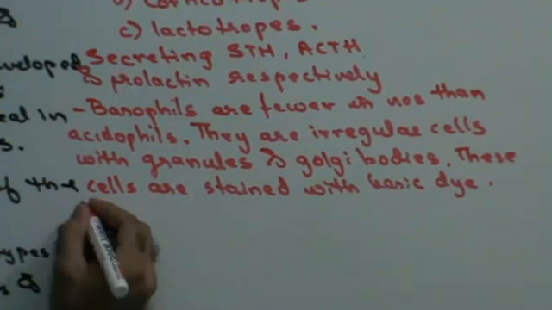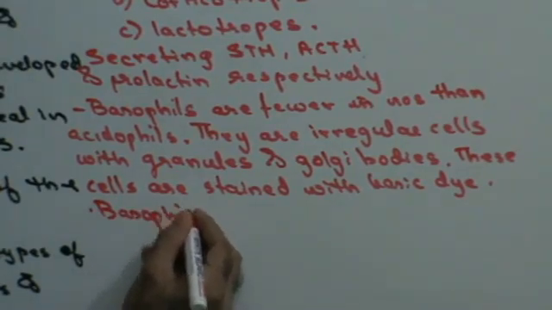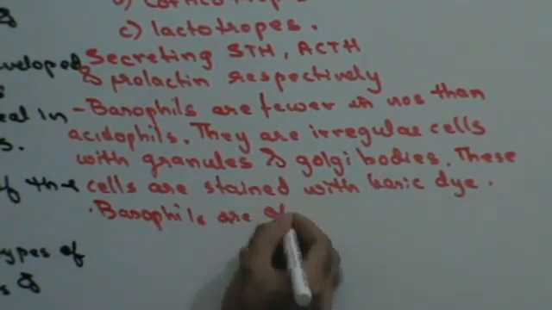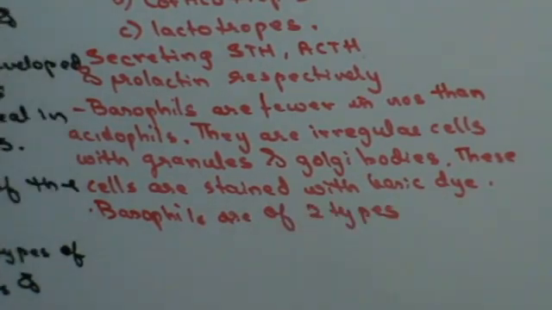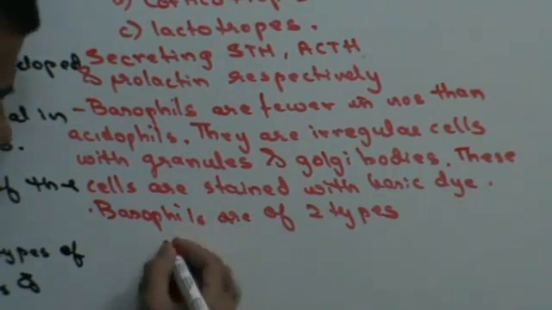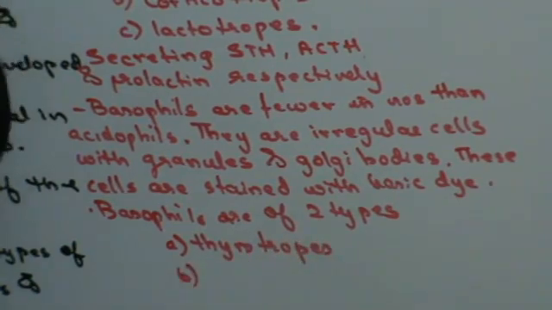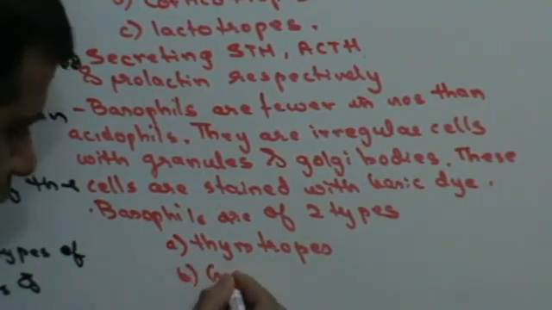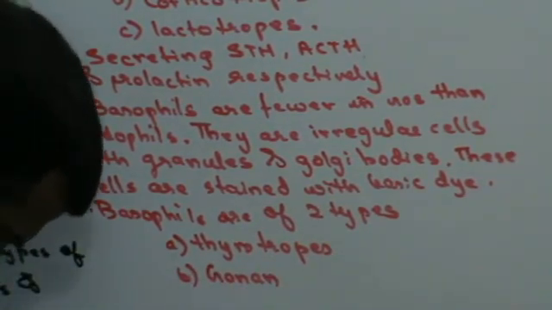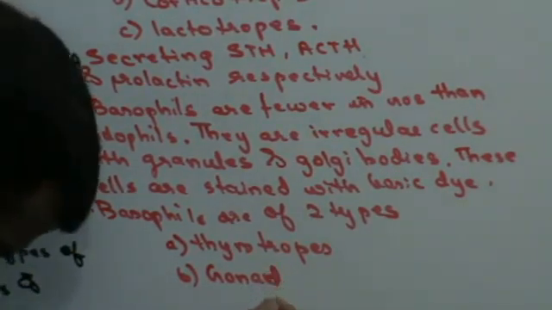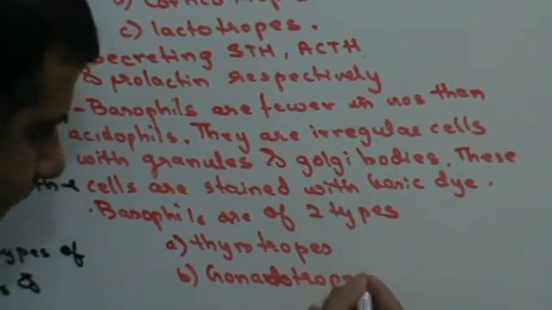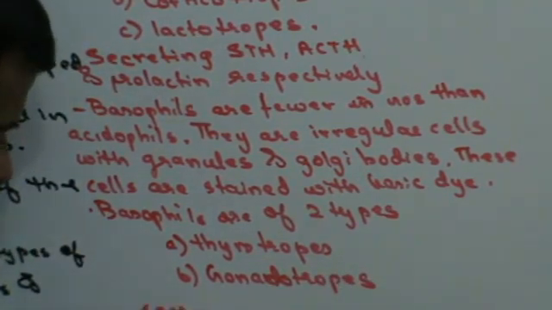Basophils are of two types. First is called thyrotropes, and second is gonadotropes, secreting TSH, FSH and LH.